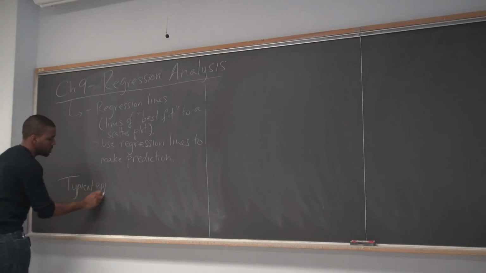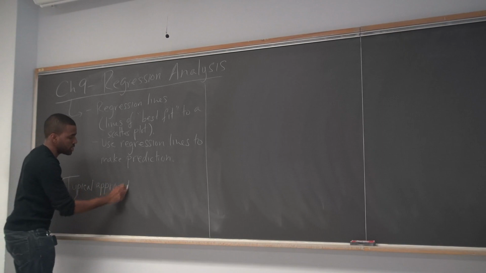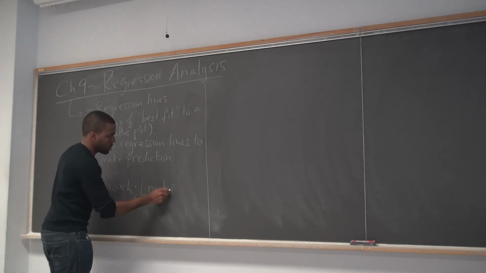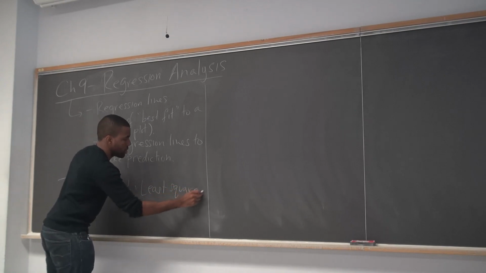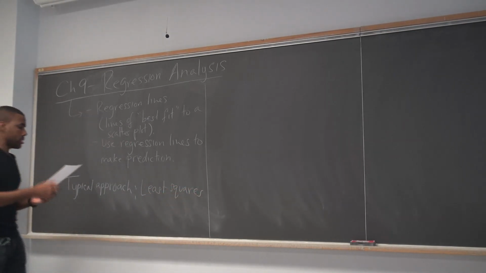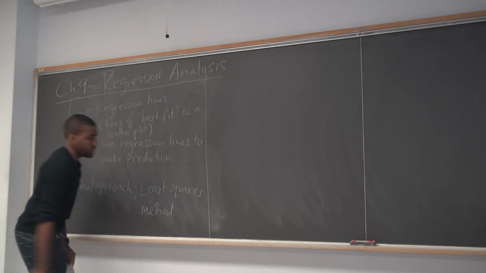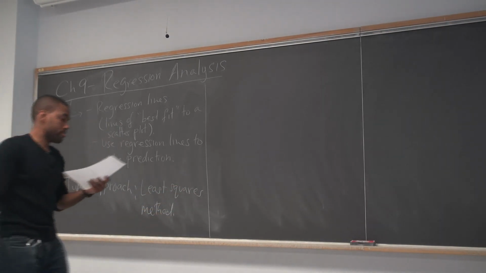The typical approach to finding the equation of the regression line is called the least squares method, or method of least squares. So the idea is the following.